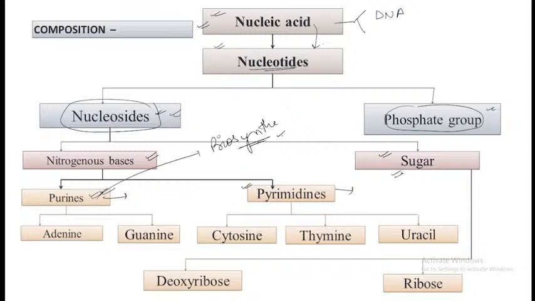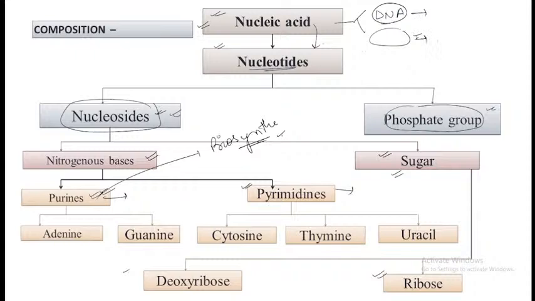Then we have the sugars. In the sugars you have deoxyribose and ribose, right? Deoxyribose and ribose के basis पर ही हमारा DNA और RNA का distinguishing होता है. Like how do we actually distinguish between a DNA and a RNA? It is dependent upon the type of sugars present.